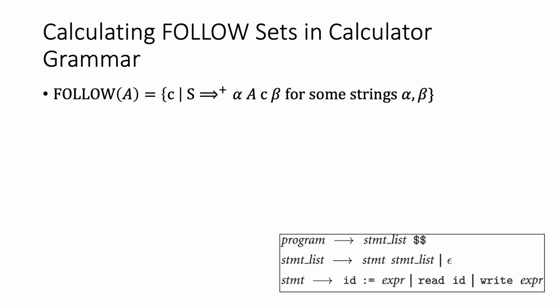Now we will see examples of calculating the follow sets in our calculator grammar. This is the formula for the follow set of non-terminal A. So to calculate the follow of A, we need to try all possible ways to expand the start symbol and see what token can come after symbol A in those expansions.